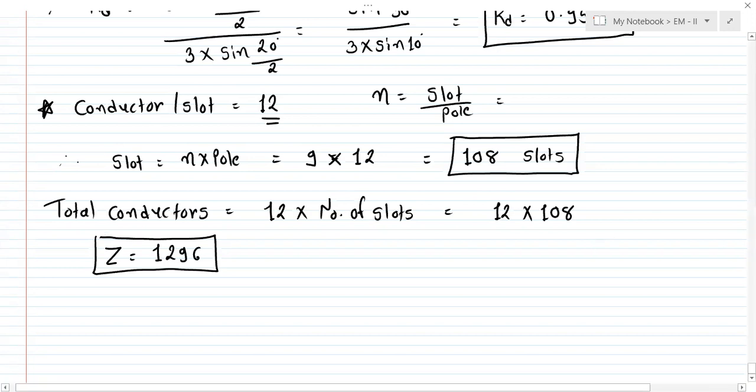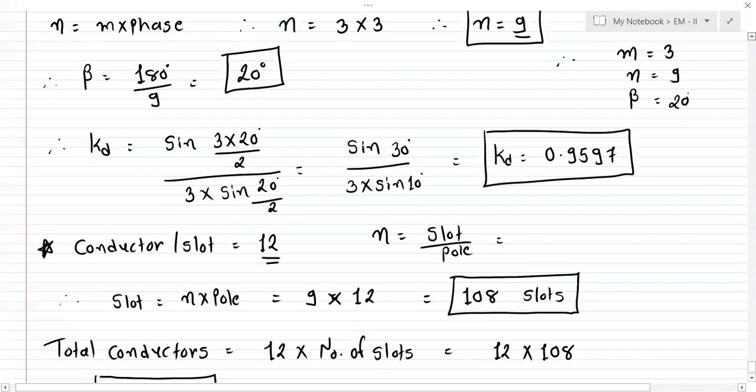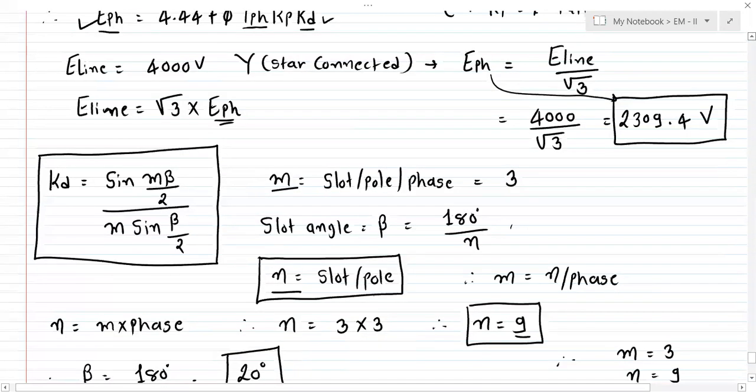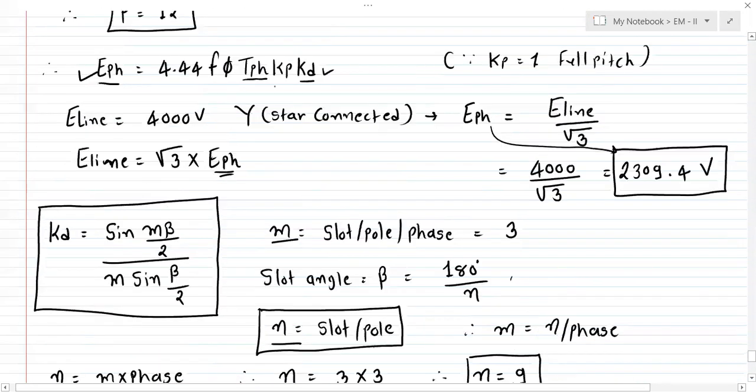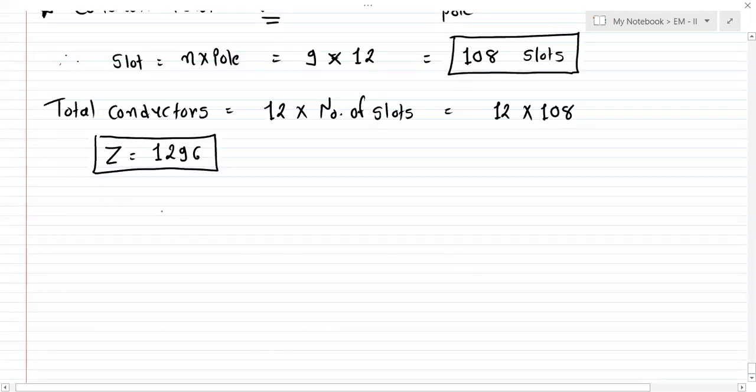But what we have to find here, TPH, is pending. Per phase we require the value. So first of all, we have to find the total conductors per phase. Z is the total conductors, so ZPH, the conductors per phase, is equal to Z by the number of phases. The overall total conductors is 1296, and we have 3 phases.